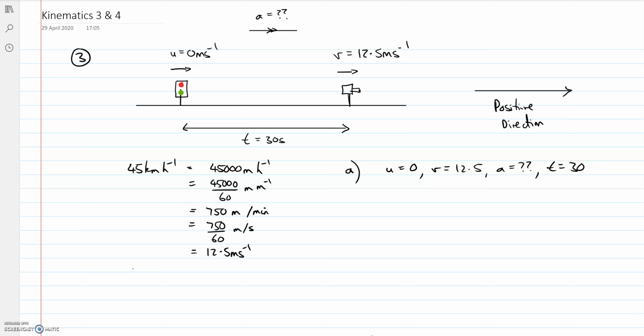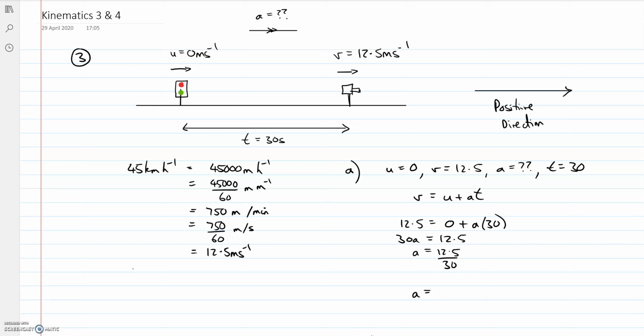So here we can use v equals u plus at. Good idea to have all the equations next to you when you're doing this, so you can pick out which one you need, especially when you're first doing it. So v is 12.5, u is 0, a we don't know, and t is 30. So we'll just get 30a equals 12.5, divide by 30 on both sides.